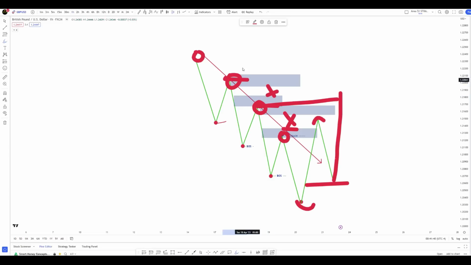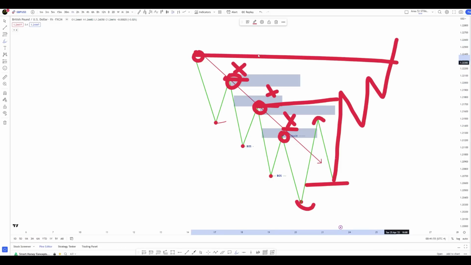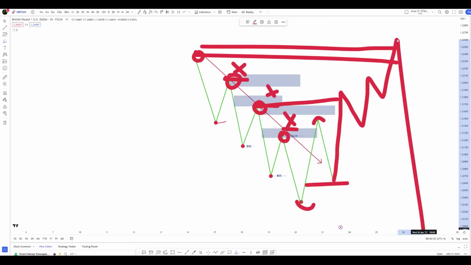Then some started selling from here, putting their stop loss over here. So there are a lot of swing traders putting their stop losses right above the swing highs. What's going to happen is the price is going to be attracted to take out their stop losses, until it reaches an extreme supply zone, and then reverse again.